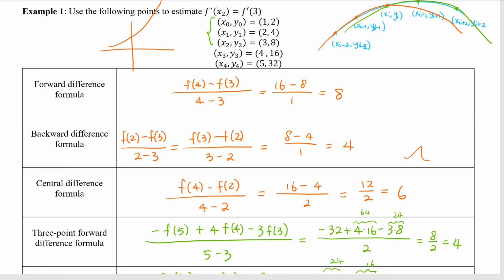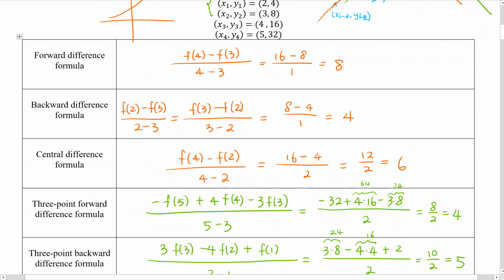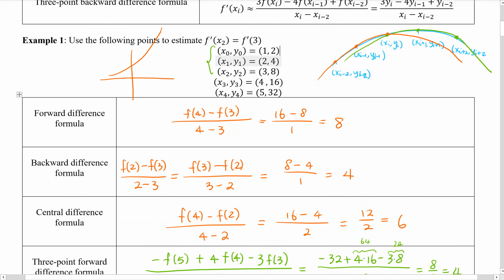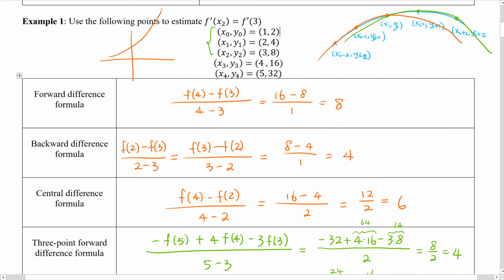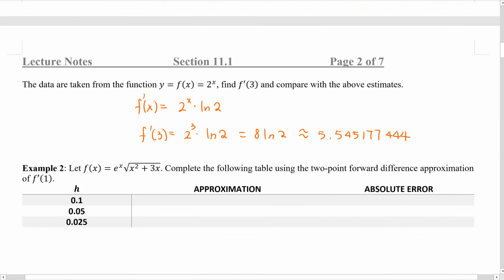The closest are 5 and 6, but they're approximations. If the points we pick are closer to each other, then the approximation will be closer. All right, let's continue.